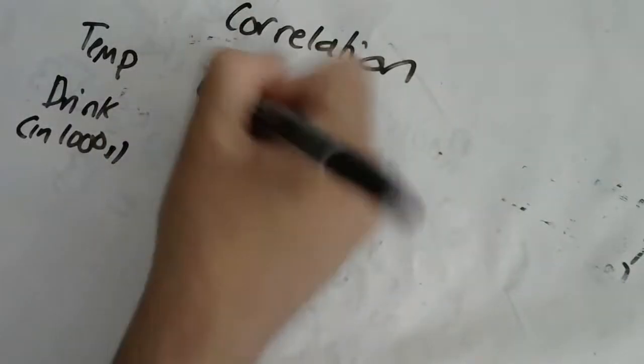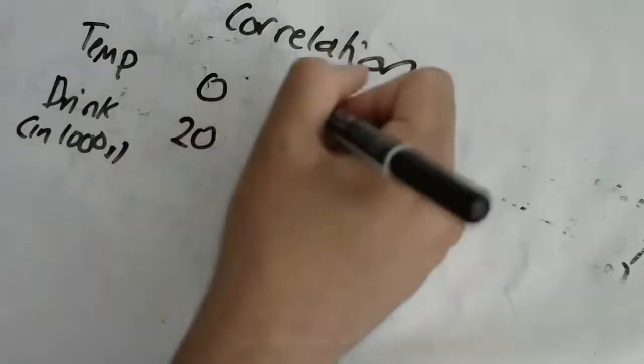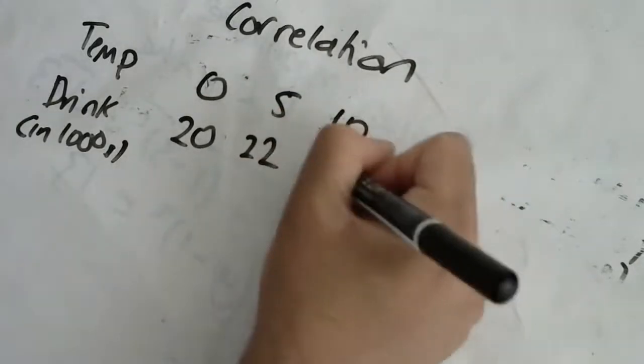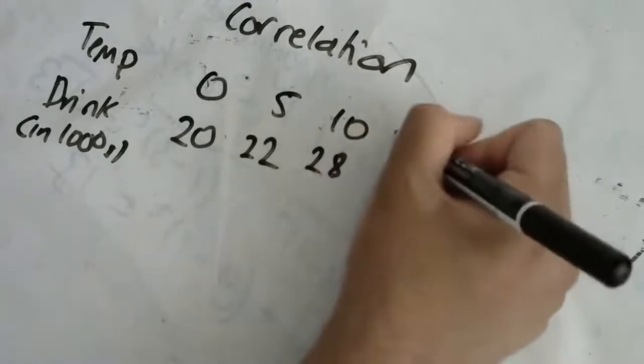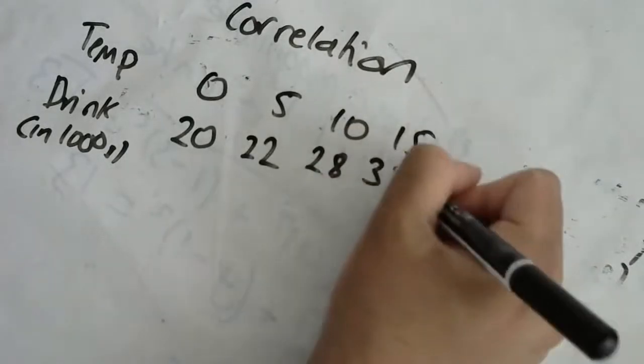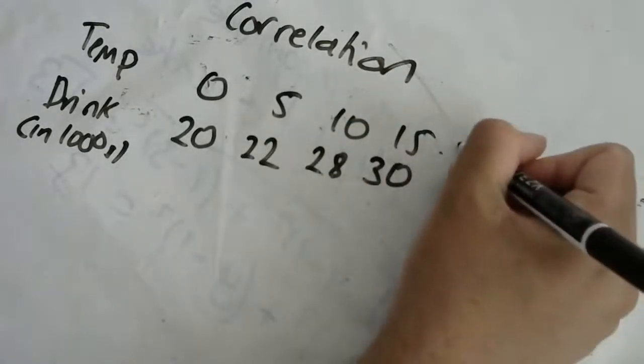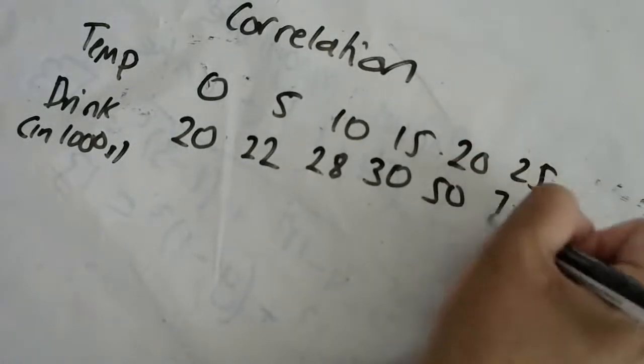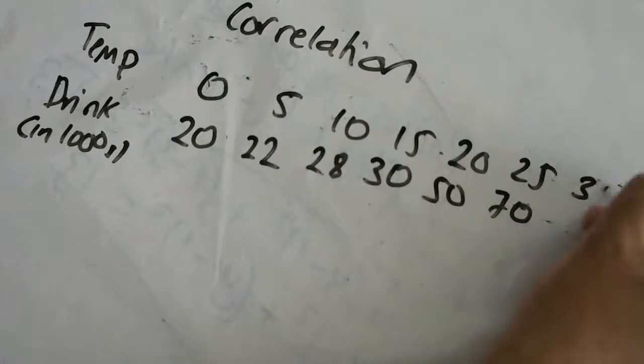So let's say for some reason you don't have any heating at all. You sell maybe 20. At 5, not a lot more. 10 starts to pick up. 15, again big. 20, up to 50. 25, 70, and say 30 is 100.